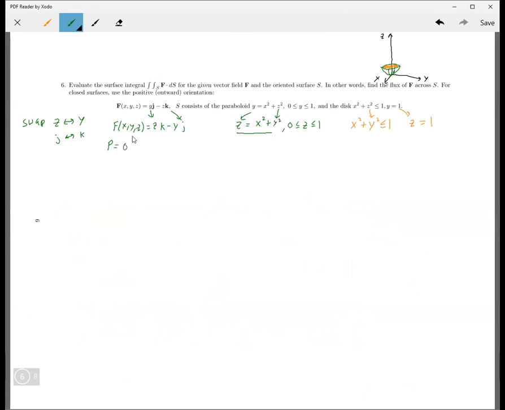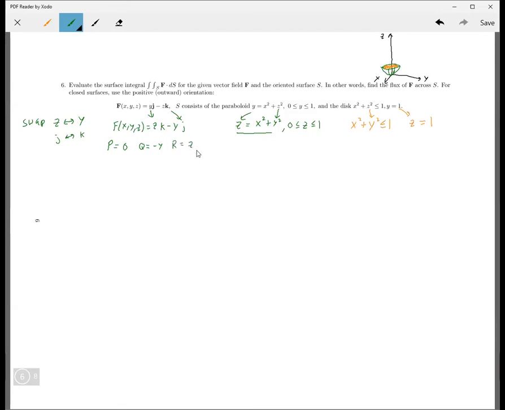P is 0 because there's no i component. And then what's Q going to be? That's going to be this one here, which is negative y. And then R is this z.